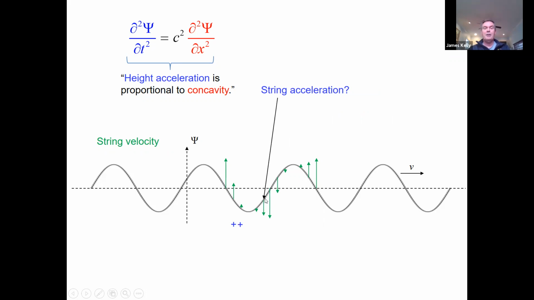Riley, you want to help me think about this? Would the acceleration here be positive or negative if we consider that it has this velocity now, and a moment later it's going to have this smaller downward velocity?